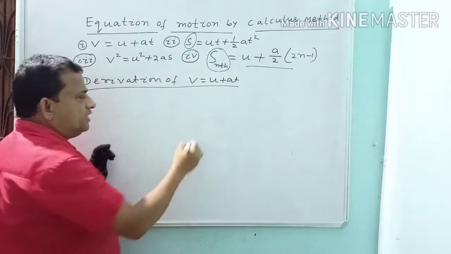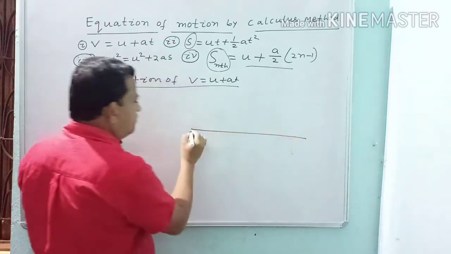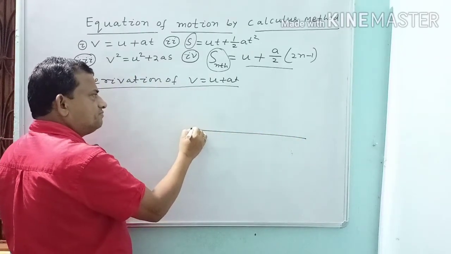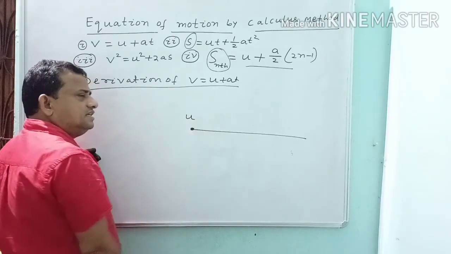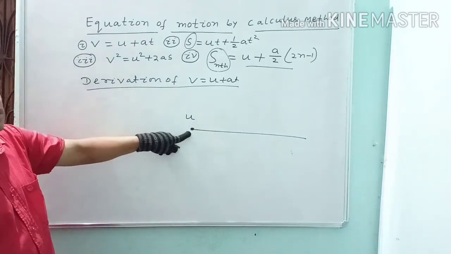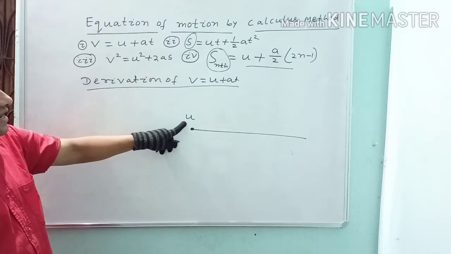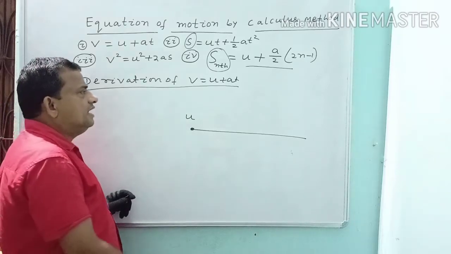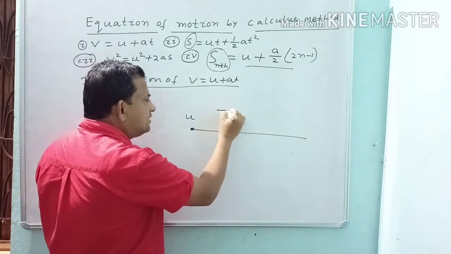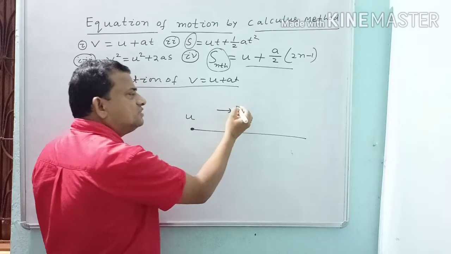Okay, students, suppose a body starts from this position with initial velocity u. This is the starting point where the initial velocity of an object is u, and it moves with constant acceleration a.